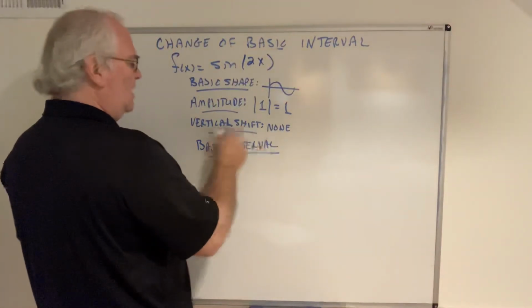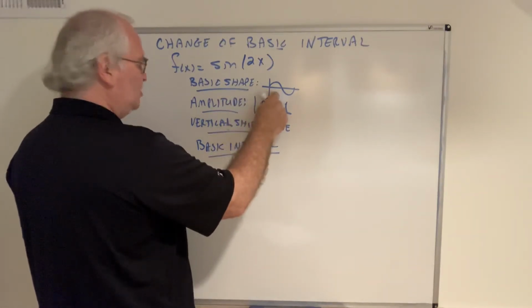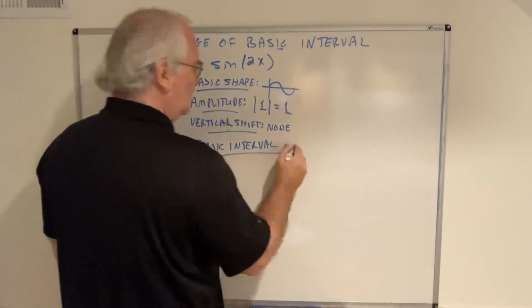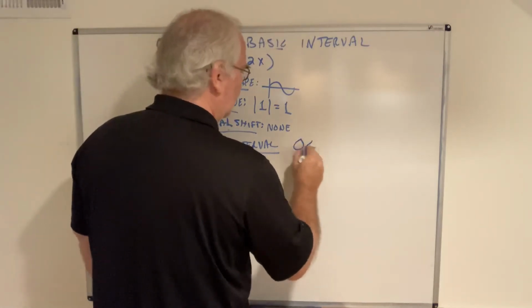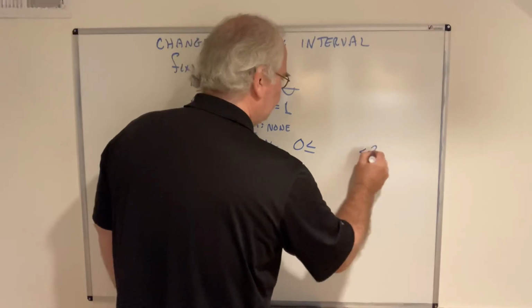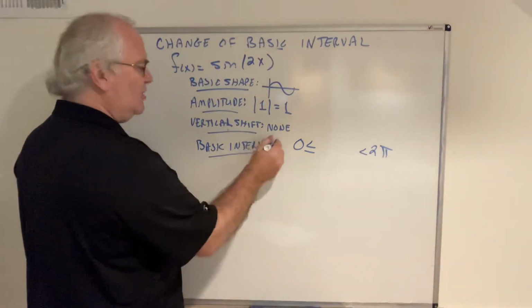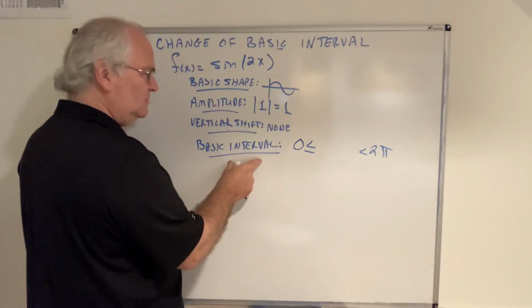Basic interval. The vertical shift is none, amplitude is 1, and we need the basic shape. The basic interval goes from 0 less than or equal to, leave a blank space, is less than 2 pi. So this is our procedure for the basic interval.